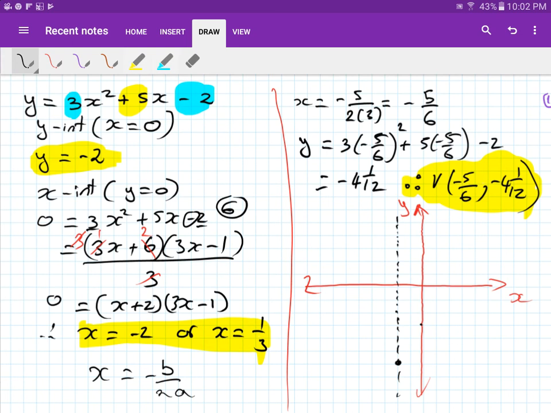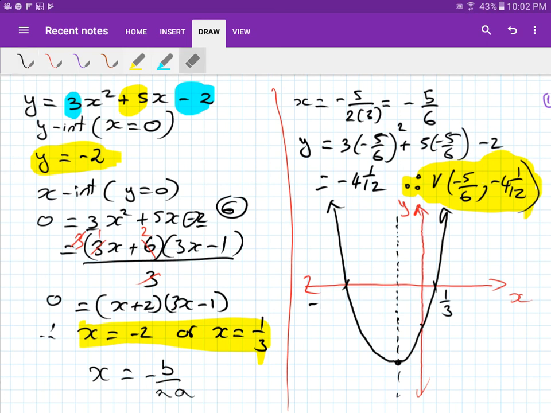So now I start from here and sketch all the way up. Then I start from here and go all the way down, roughly. That's what I get. Now I just fill in all the information. So this is 1/3, and this is minus 2 for the x-intercept.